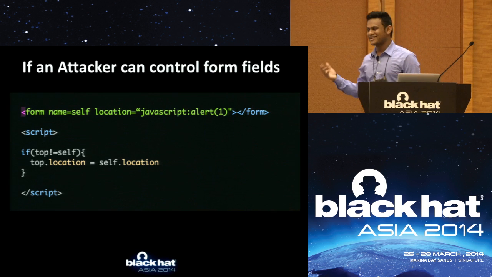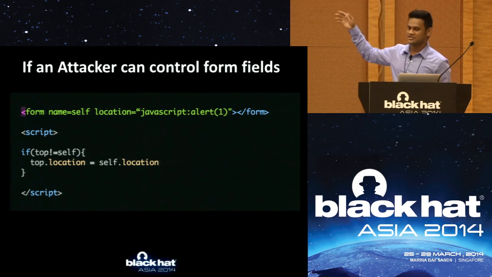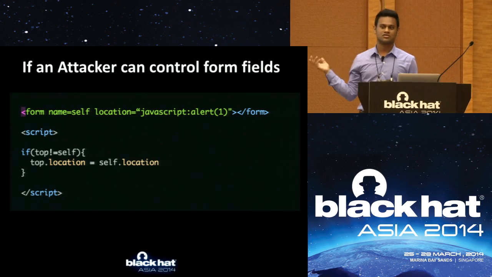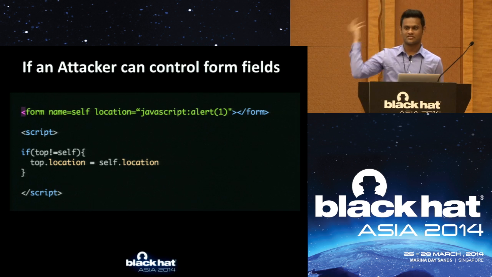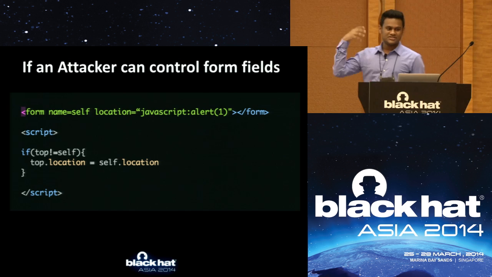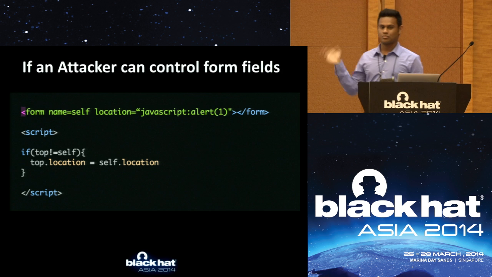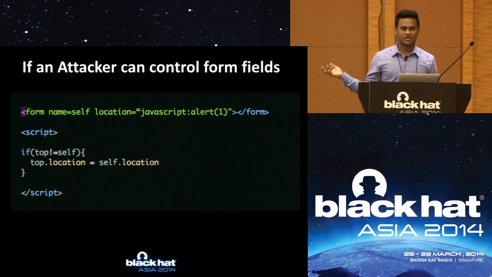What an attacker can do is create a form with the name self, and location set to javascript:alert(1). As you know, javascript:alert(1) in your address bar is going to pop up an alert. And you just iframe it, okay? What happens is, if top is not equal to self, your top.location will become self.location.